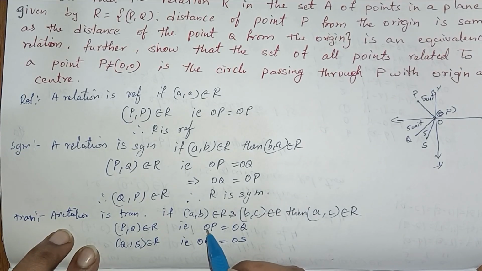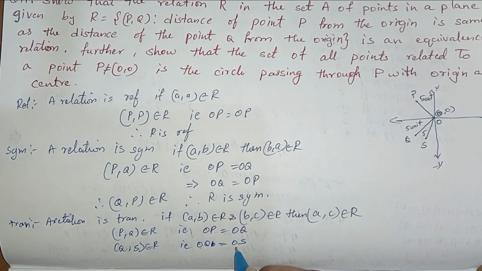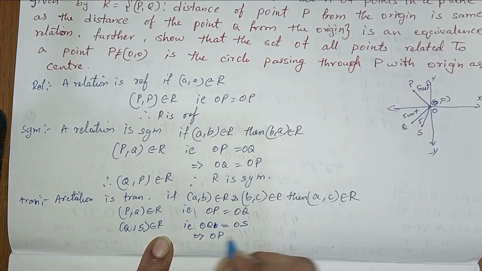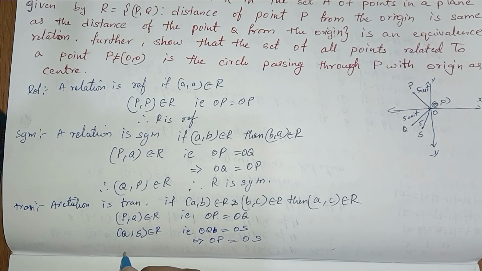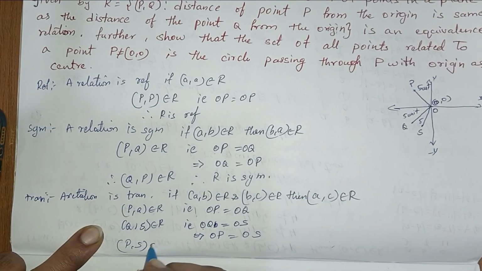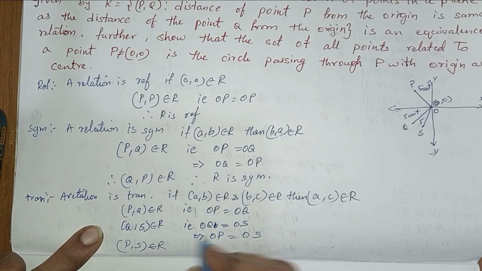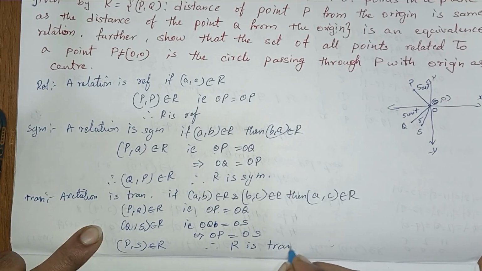This means OP is equal to OQ, OQ is equal to OS, so OP is equal to OS. So we can tell that OP is also equal to OS, that is P comma S also belongs to R. Therefore, R is transitive.